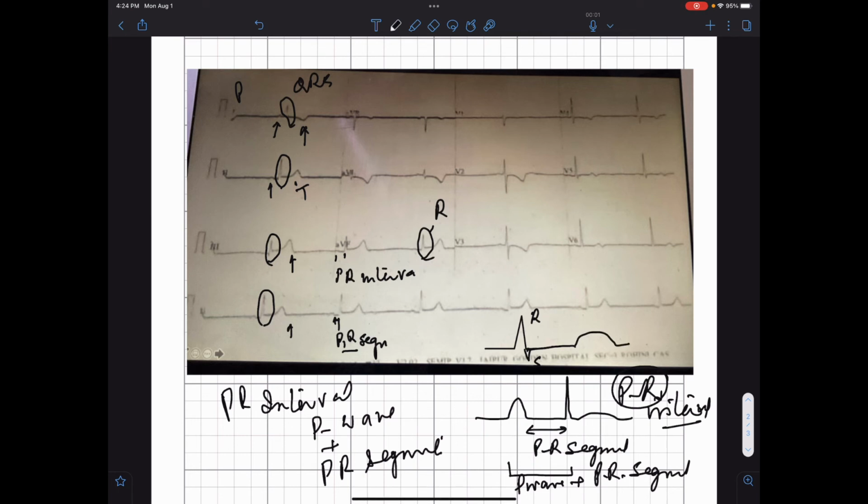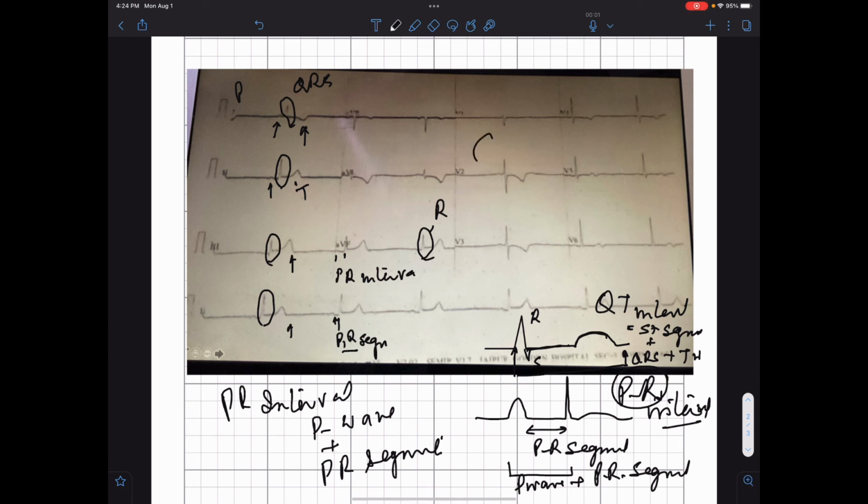Now this interval from the onset of the R wave or the Q wave to the end of the T wave is called the QT interval. Now the QT interval has an ST segment and the QRS wave, and then followed by the T wave.